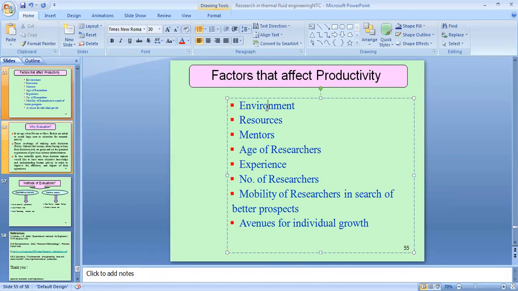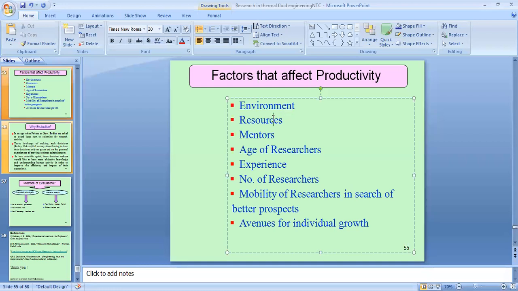Like environment, suppose in your institute you are working as a teacher, and the environment is encouraging you, providing some allotted time for your research, then you can finish your research fast. But if the environment is such that you are continuously busy or no one is encouraging you to do the research, that will be a negative atmosphere.